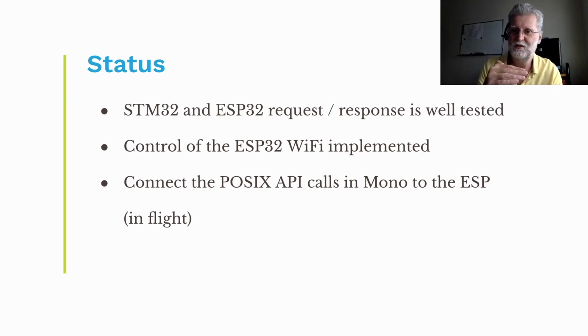That will allow us to connect the C# classes through to the POSIX APIs, through to NuttX, and through to the ESP32. And that work is currently ongoing. So that's where we are with networking at the moment.